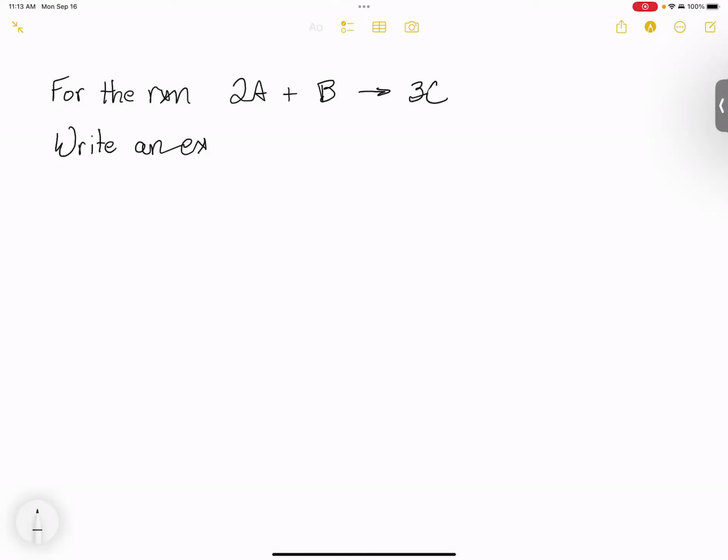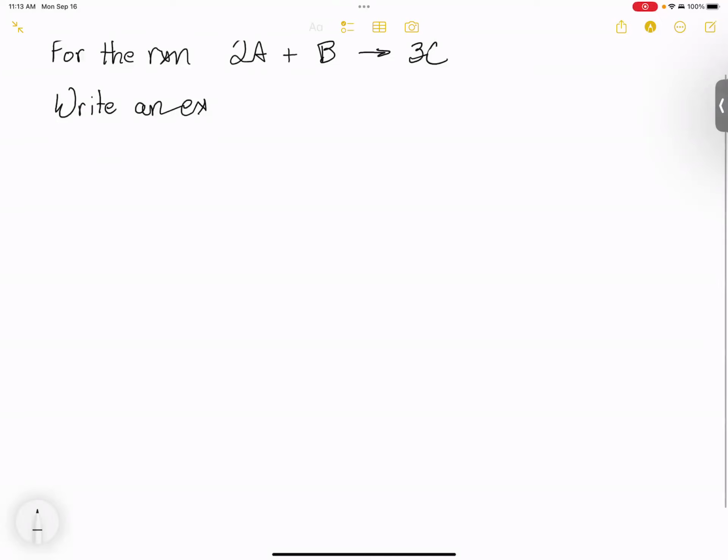Okay. So then I am going to get into today's information. We're going to start with an example similar to what we ended with on Friday.